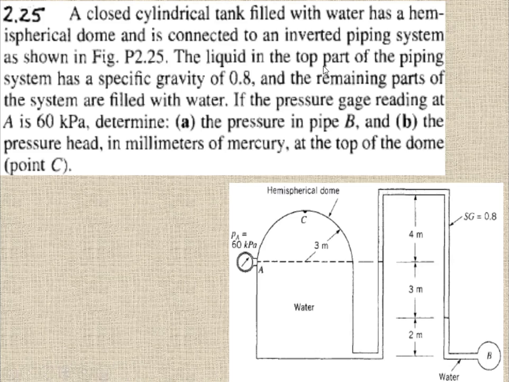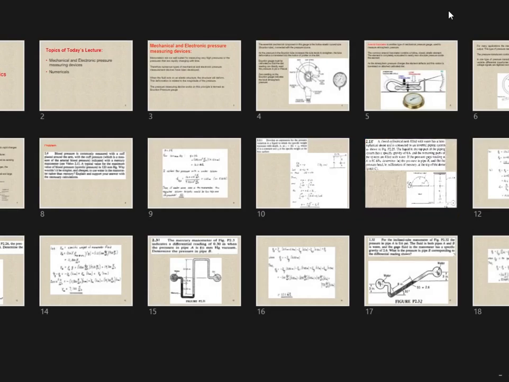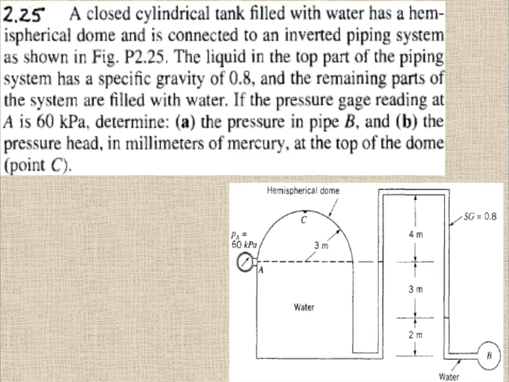The liquid in the top part of the piping system has a specific gravity of 0.8. This is also called a manometric fluid, that is 0.8, and the remaining part of the system is filled with water. If the pressure gauge reading at A is 60 kilopascal, determine: A, the pressure in pipe B. We have to find out the pressure.